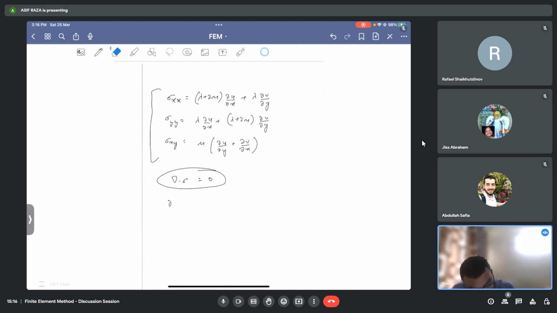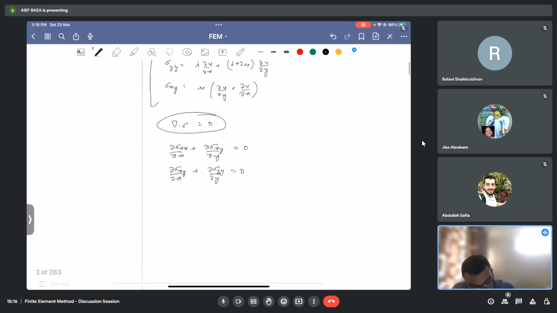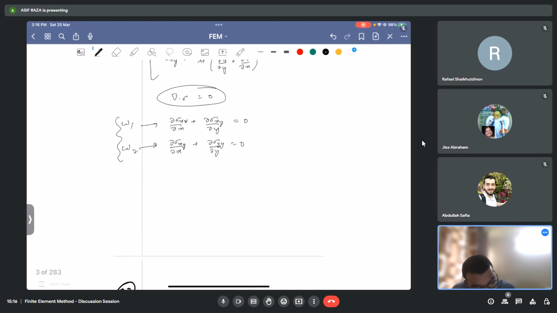There are two equations incorporated: del sigma xx by del x plus del sigma xy by del y equal to 0, and del sigma xy by del x plus del sigma yy by del y equal to 0. We multiply with weight functions w1 and w2 and integrate throughout the domain.